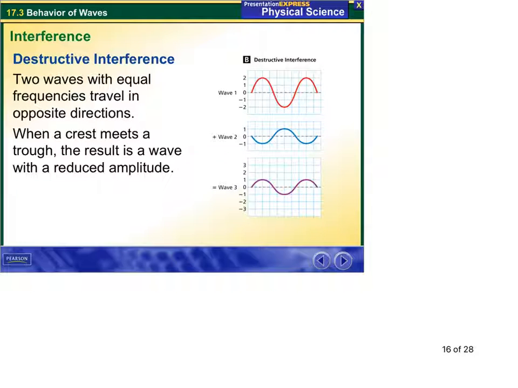Destructive interference, illustrated here: combine wave 1 and 2 together to get wave 3. And they cancel each other out a little bit. We get a reduced amplitude. If they completely cancel each other out, that's what we'll call complete destructive interference.